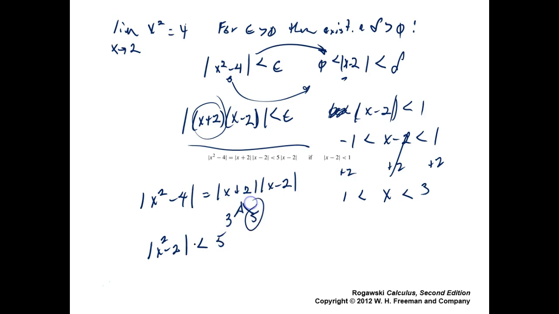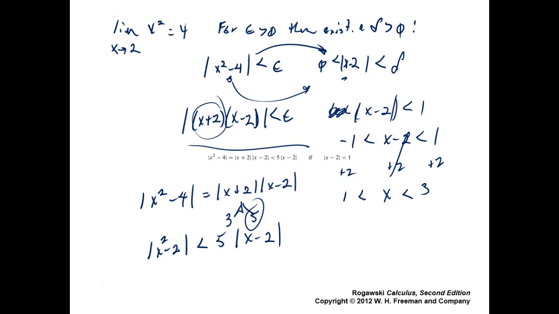Let's take the larger of those two times x minus 2. All right. So this thing here has to be less than or equal to that. But remember, this has to be less than or equal to 0.